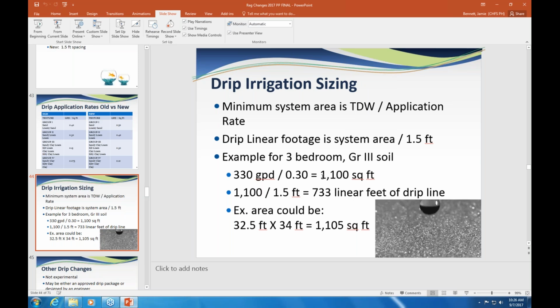It's 1,100 square feet for your drip field. Then you take that 1,100 and divide it by 1.5, which accounts for the space between the lines. So you're going to need 733 linear feet of drip tubing. Just for an example, the area could be 32.5 by 34 feet. Is everybody good? Pretty simple stuff.